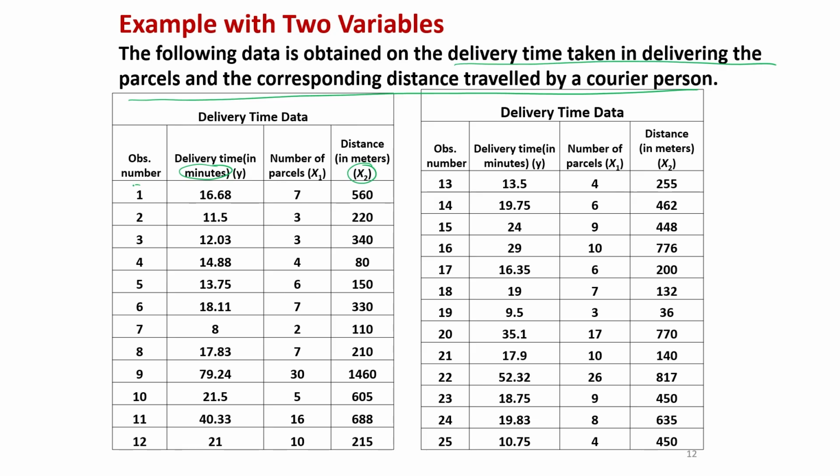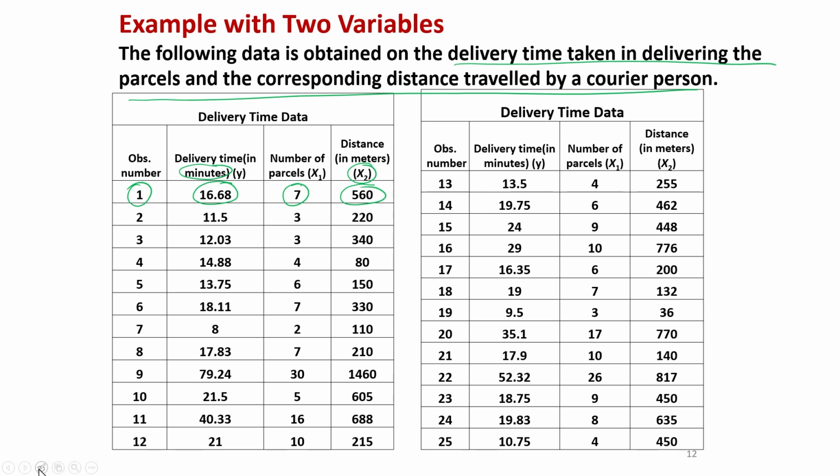So observation number 1 tells that the delivery person has delivered 7 parcels and had to travel 560 meters, and the delivery time was 16.68 minutes.